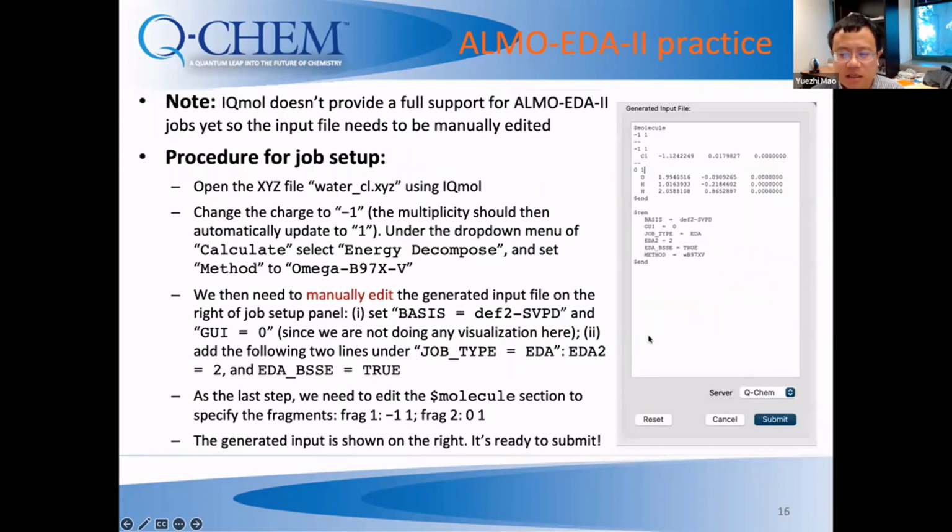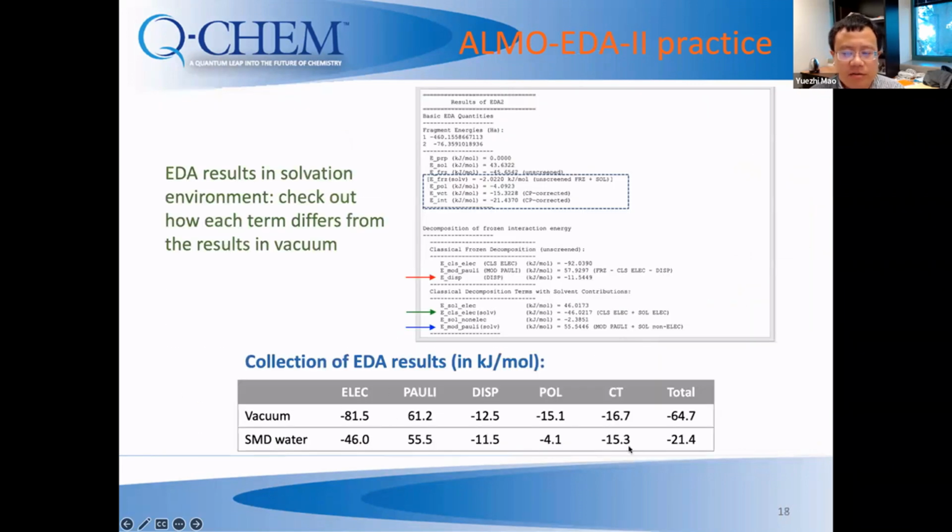So I think you will see the solvation will make a difference to the interaction energies and their components. Okay, I think I can stop my presentation now and leave a few minutes for the practice.